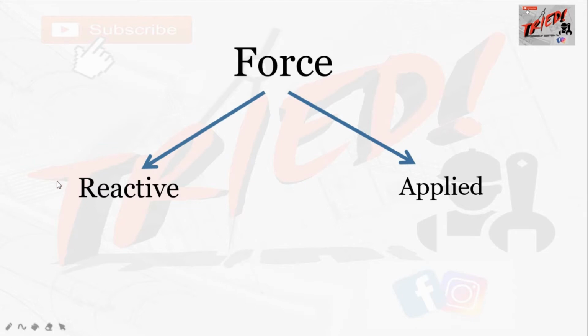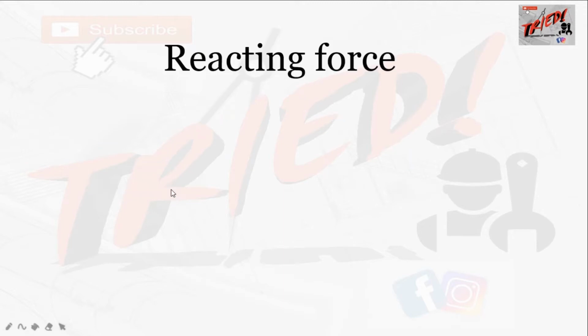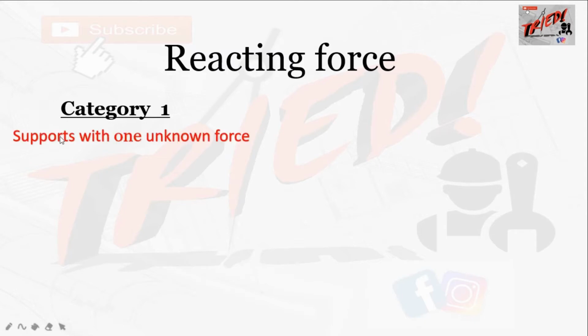I'm going to talk mostly about the reactive forces. So let's discuss the reacting forces. We're going to break them down into three categories. The first category is supports with one unknown force, and these include cables, rollers, and frictionless surfaces.